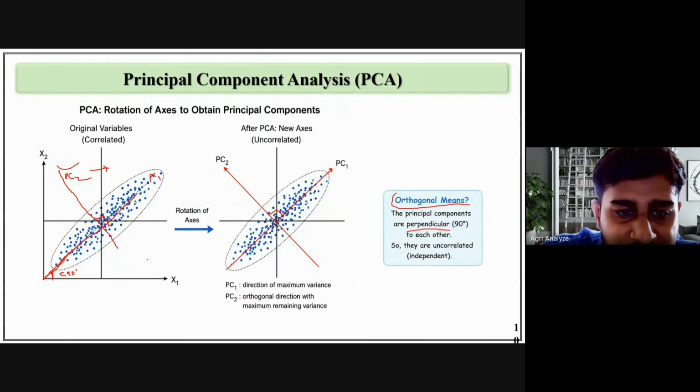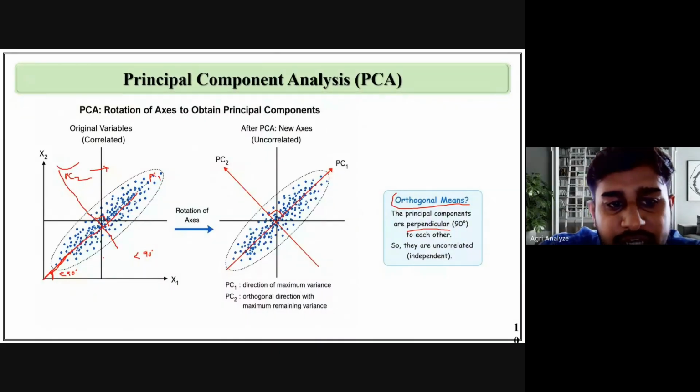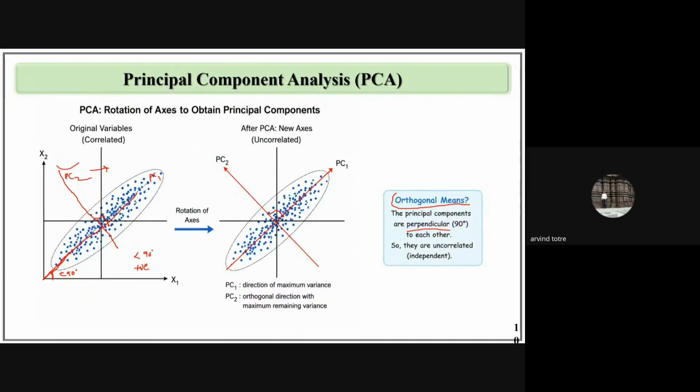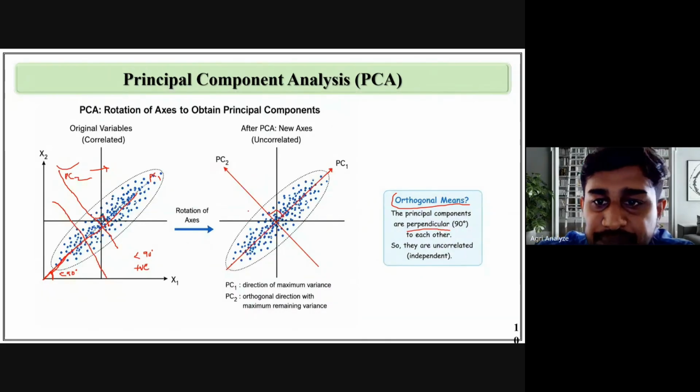Yes. So if the angle between two axes is less than 90 degree, then it is considered a positive correlation.